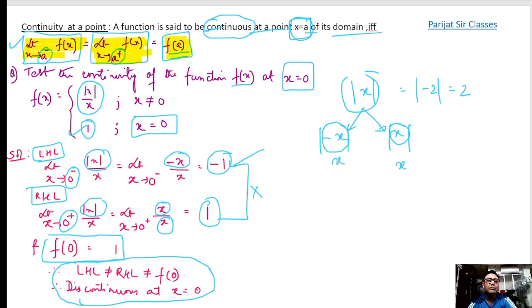See, left hand value came minus 1, right hand value came 1. That means they are not equal, so we can directly tell it is discontinuous. Also at x equal to 0, the value came 1. We cannot say all three conditions are satisfied, so it is a discontinuous function. Clear? Let's see the next one.